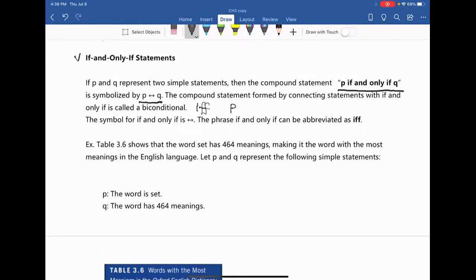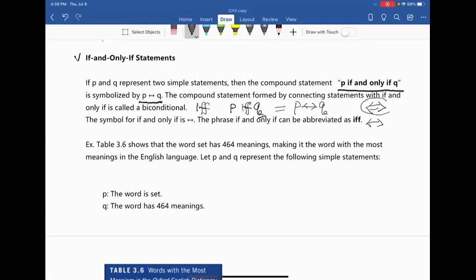Sometimes we will see this. That means P if and only if Q. These two are equal. And some professors prefer to use this symbol. In our book, they use this symbol.